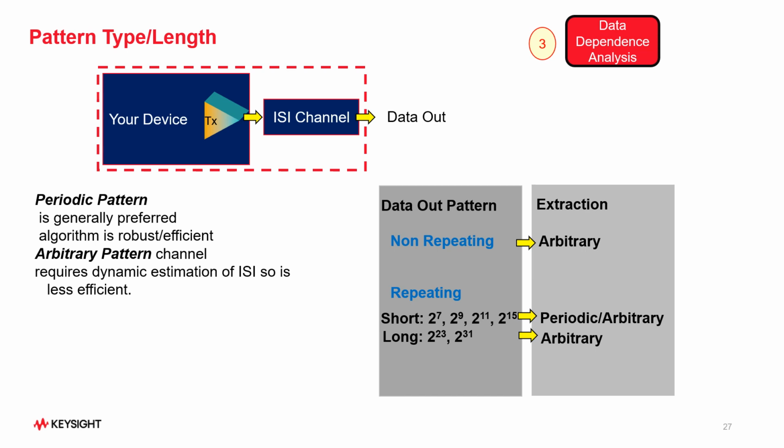For patterns that are really long, like say 2^31, we need to go to what is called the arbitrary mode. The recommendation here is to use a shortened pattern if possible to appraise the quality of the link, then switch to longer patterns or random data with arbitrary mode. When one is using a larger pattern, they need to evaluate what the channel is doing to the data, and where the ISI is coming from.